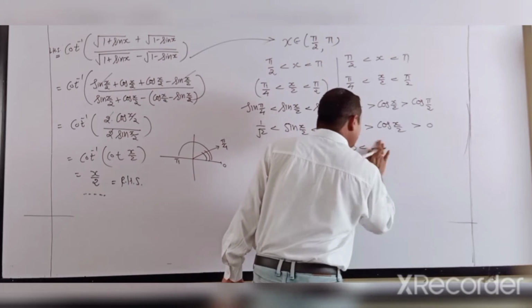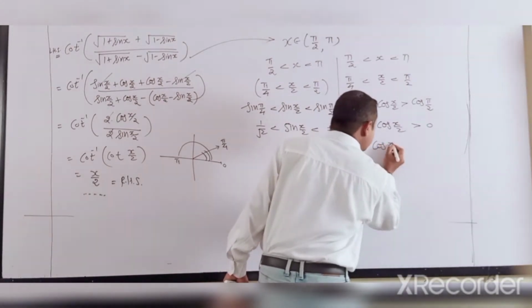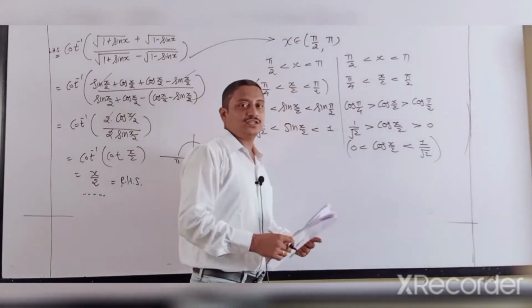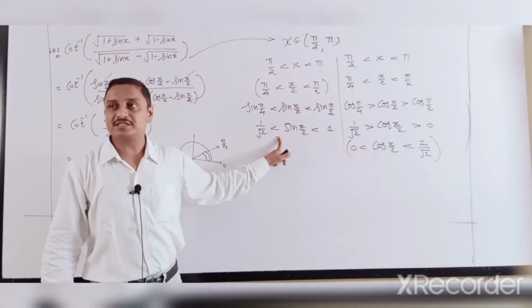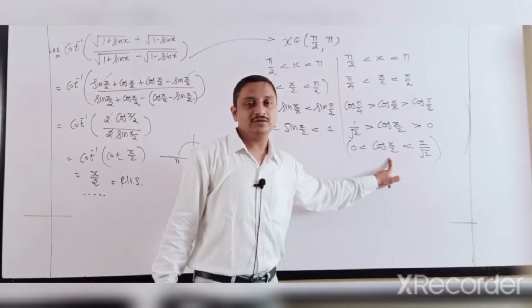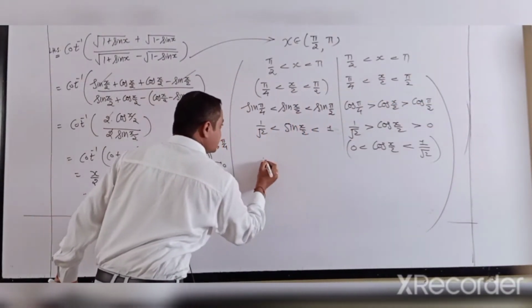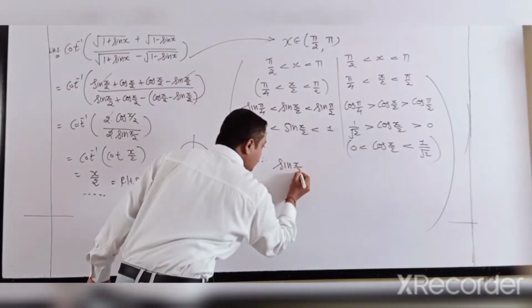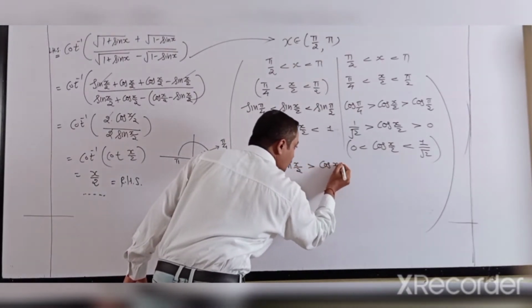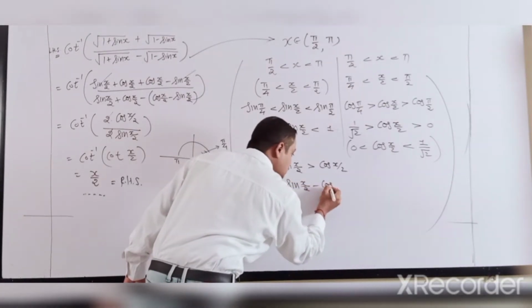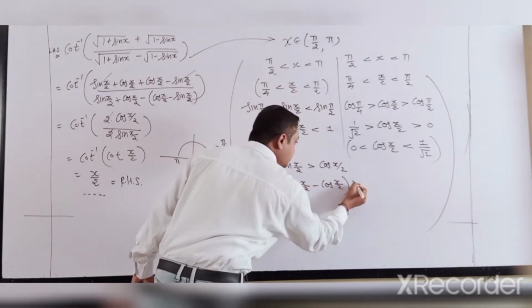So 0 to 1 by root 2. What is the highest? Yes, this time highest is sin x by 2. So I just follow my steps. Sin x by 2 is higher than cos x by 2, so sin x by 2 minus cos x by 2 is greater than 0.